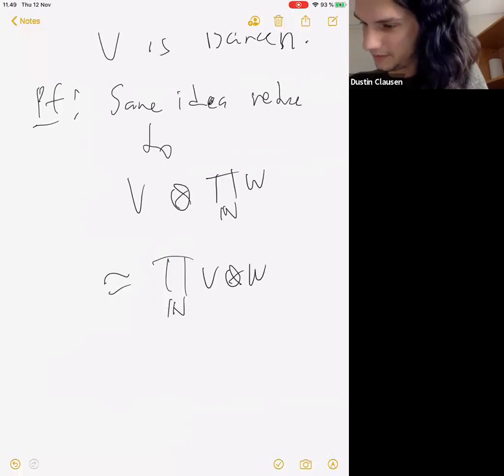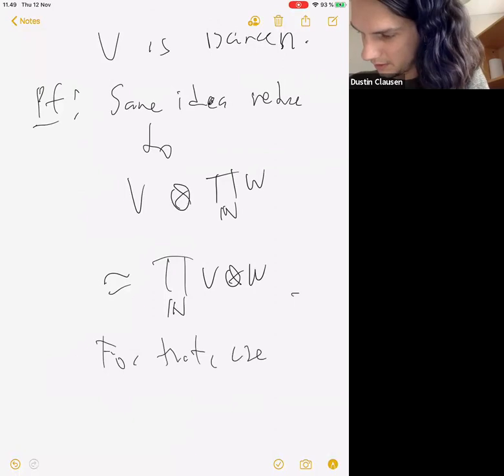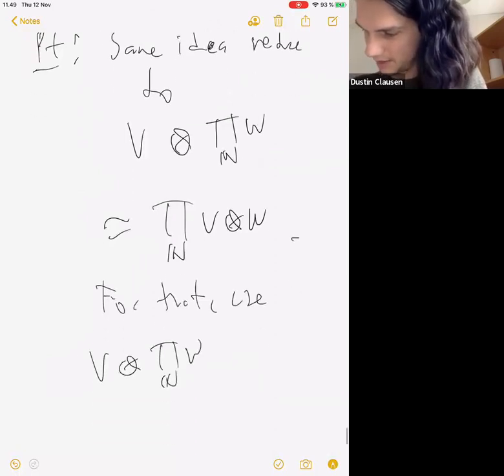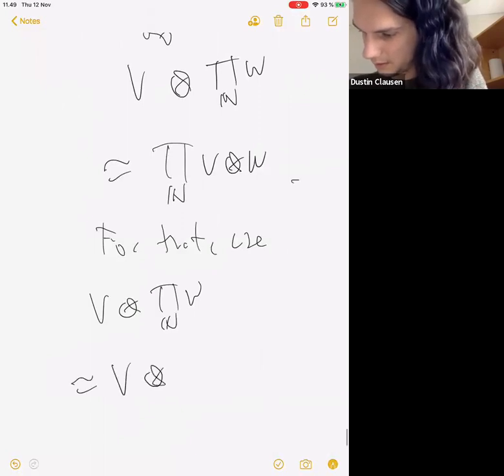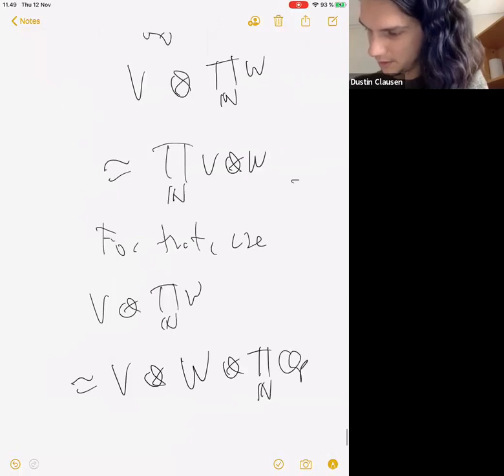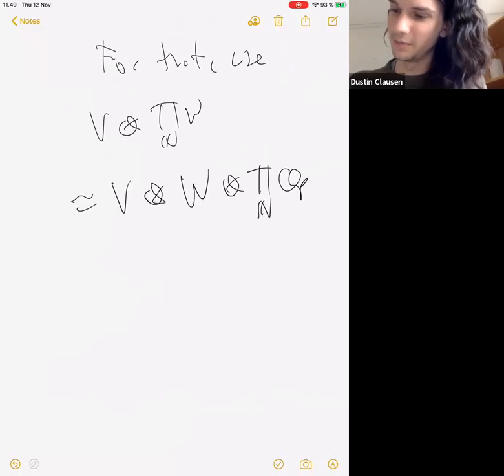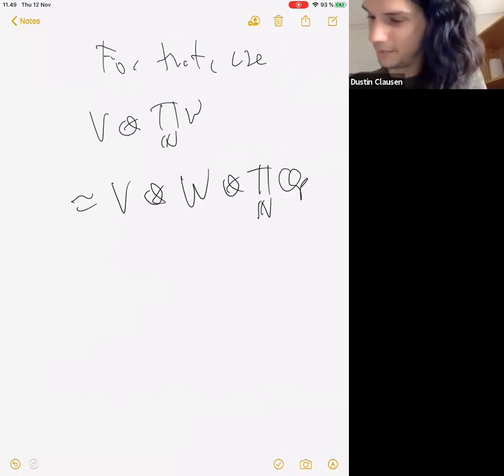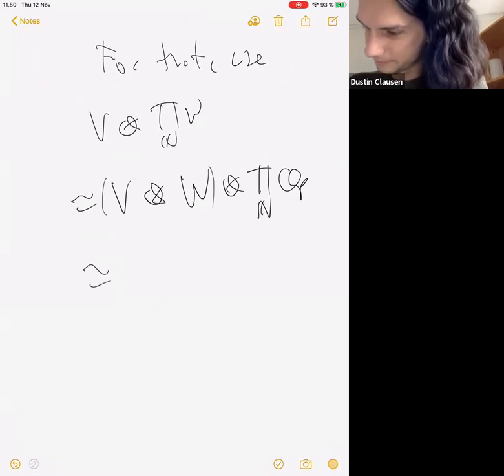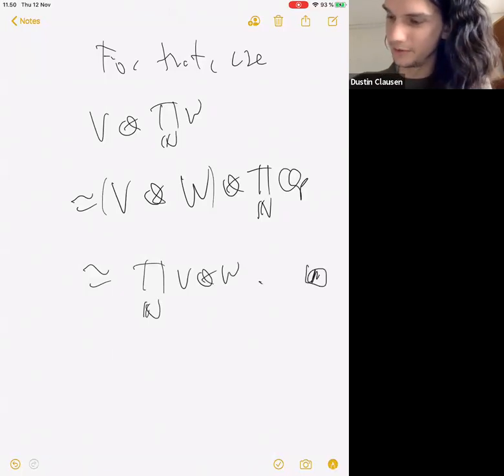For that, we can use another nice trick. We already checked that the product of copies of QP tensor W is the product of copies of W. Then we can pull that out, but then this is another Banach space, so we can put it back in at the end, and that's the proof.